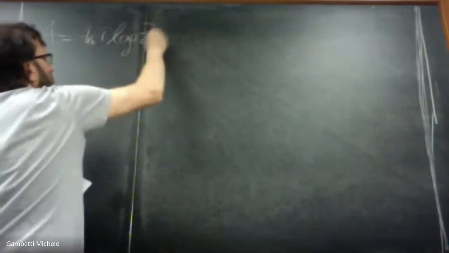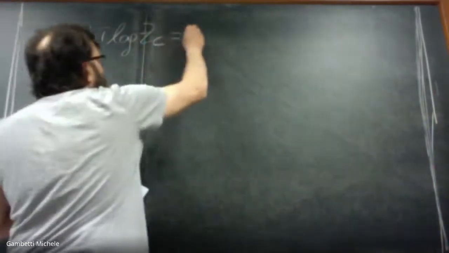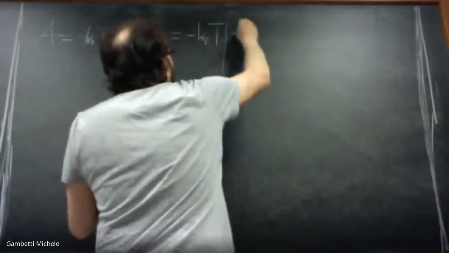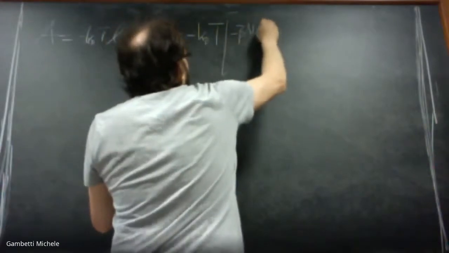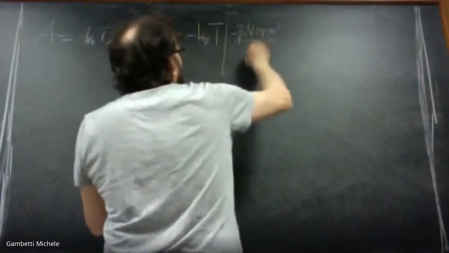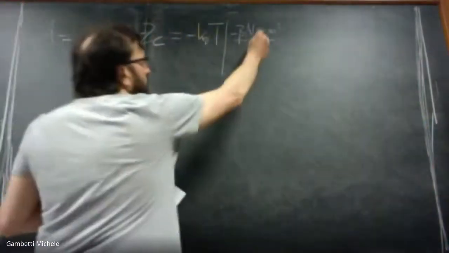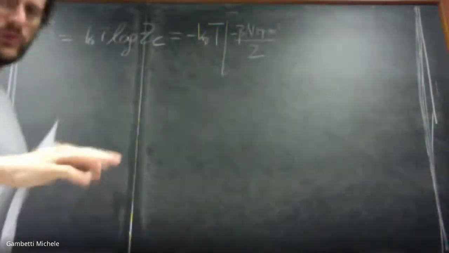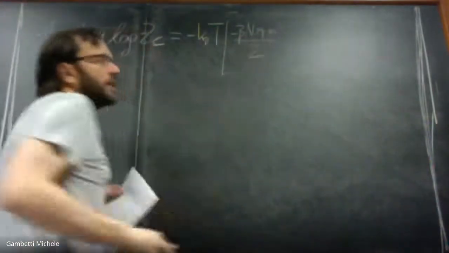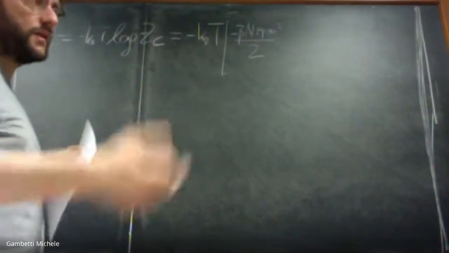I think we arrived last time at the Helmholtz free energy, which is, of course, A equal to minus k_B T log of the canonical partition function, and this is equal to minus k_B T, and we have here minus beta epsilon q m squared divided by 2, where I remind you that epsilon is the coupling between two spins, and q is the number of closest spins, the number of spins that interact with each other.